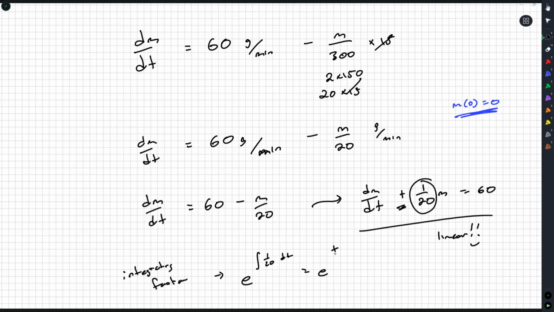So that'll be e to the t over 20. Great. Now we could do the whole process, multiply everything by e to the t over 20 on both sides, and realize that the left-hand side is what you get out of the product rule. I'm just going to go ahead and jump to the formula.